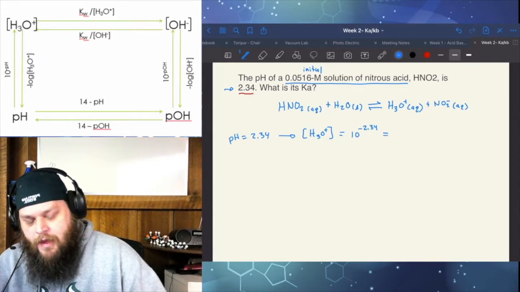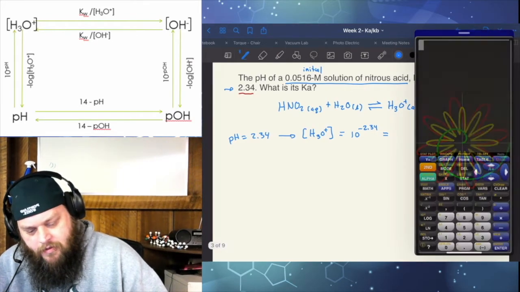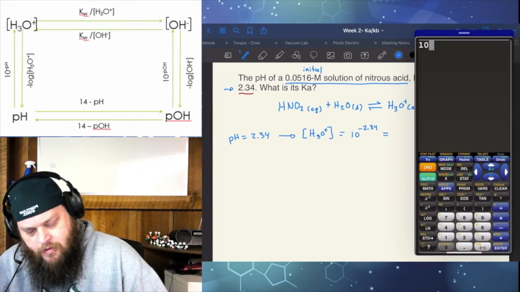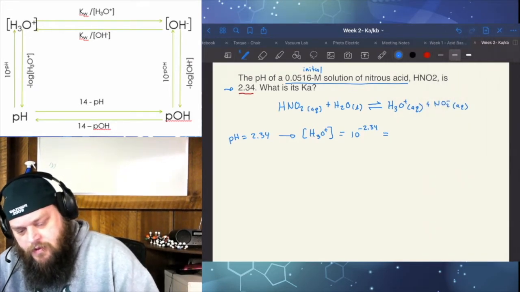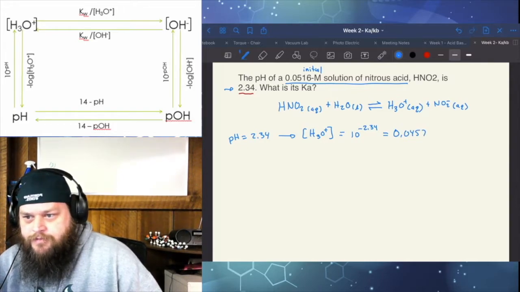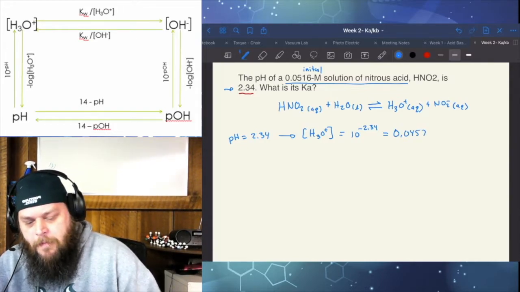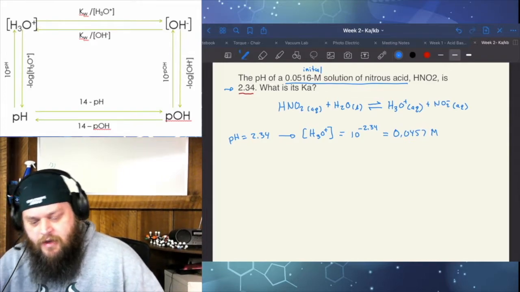And if we plug 10 to the power of negative 2.34 into our calculator, we get 0.0457. And that's going to be our concentration of H3O plus.